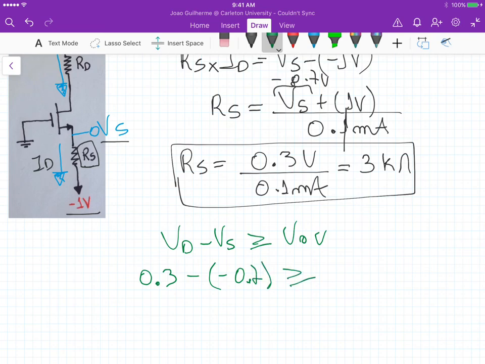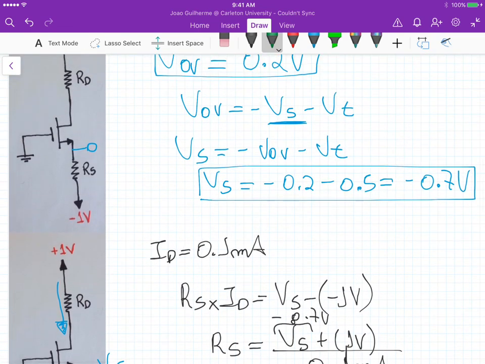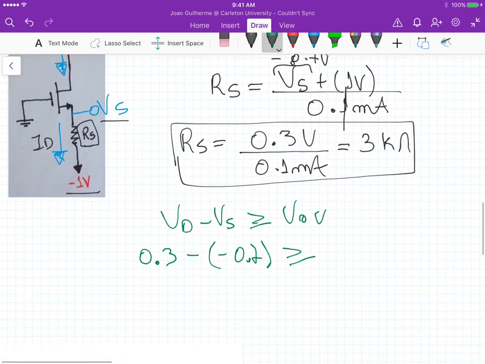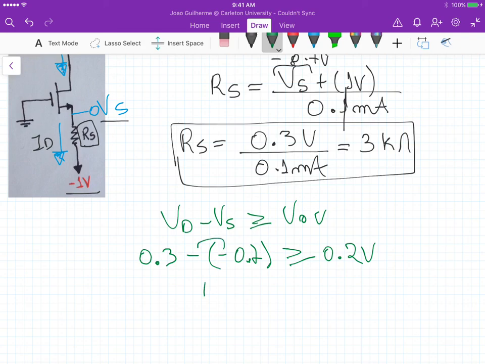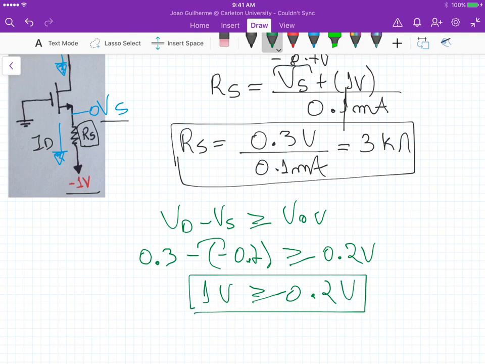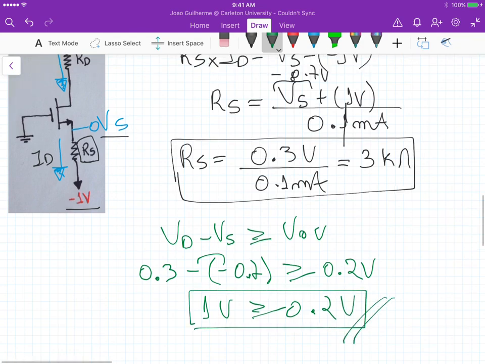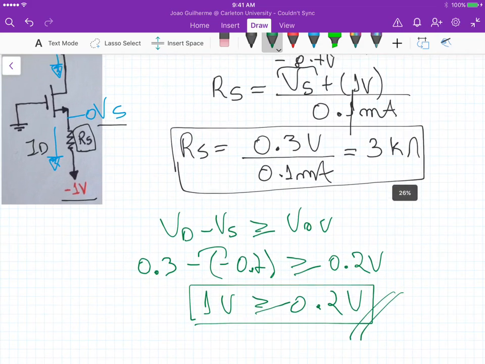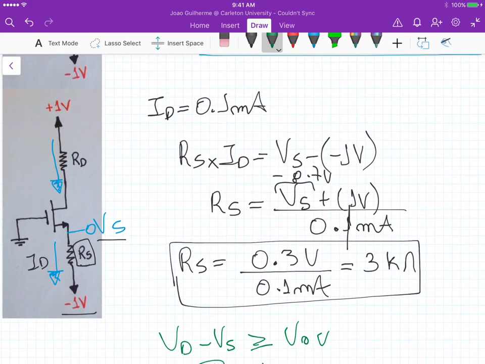That should be greater than the overdrive voltage, which in our case is 0.2 volts. And we see that this is true: 0.3 plus 0.7, so 1 volt is greater than 0.2 volts. This condition is satisfied. So that's the solution for problem 5.44.